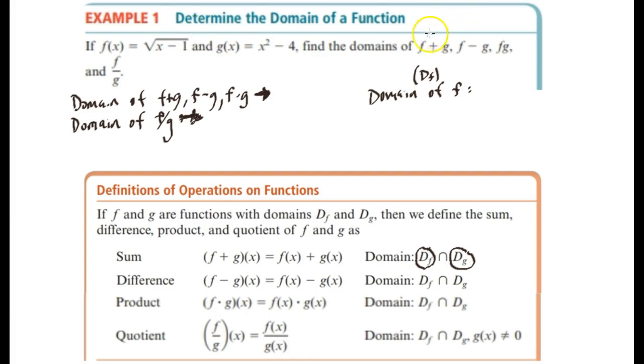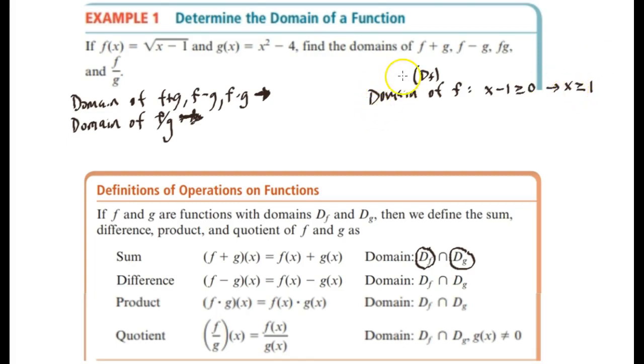So the process of finding the domain of the square root of x minus 1 would be to set what's under the square root, known as the radicand, x minus 1, greater than or equal to 0, because we cannot take the square root of a negative number, so we just need to set it greater than or equal to 0, so we won't have a negative number. So we solve this, and we get x is greater than or equal to 1. So there's the domain of f: x is greater than or equal to 1.